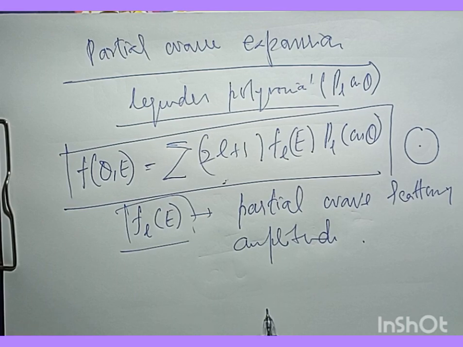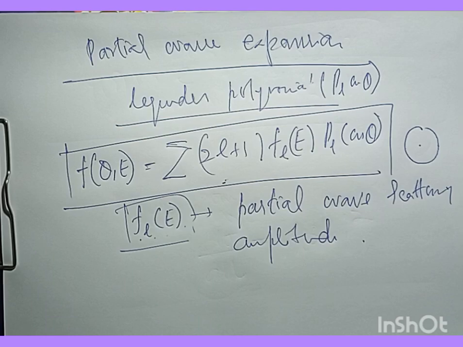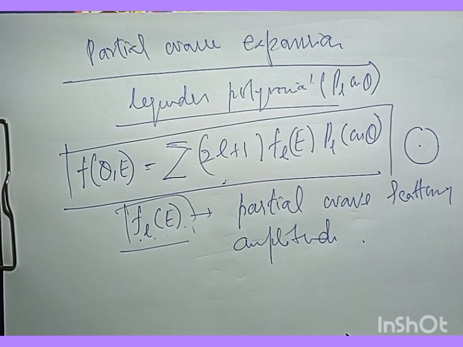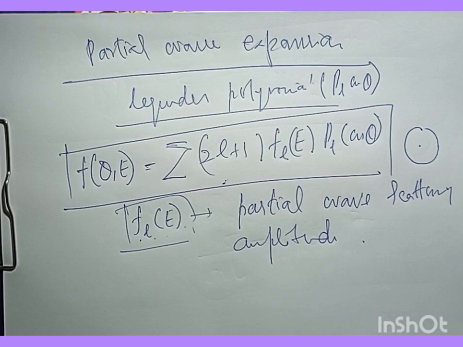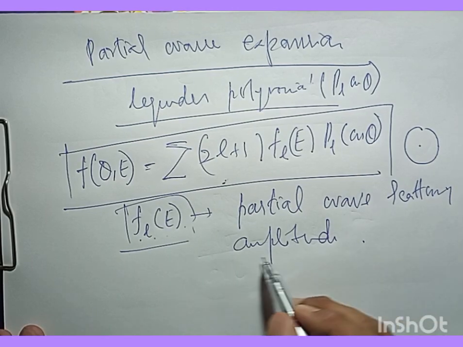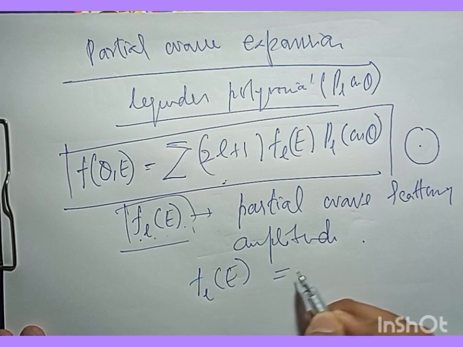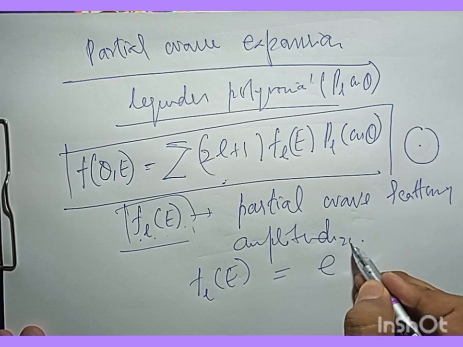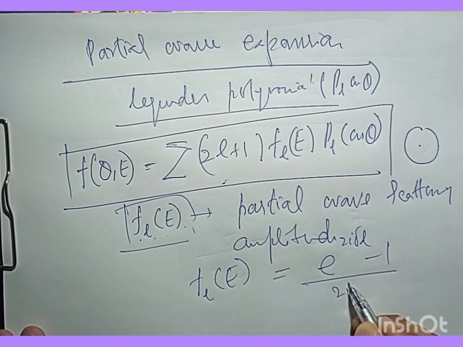And the partial wave amplitude, this f_L(E), is related to the phase shifts, because there is a shift in the phase: your incoming particle is a wave, it's interacting with the potential, and there is an equal probability of having phase shift. And this partial wave scattering amplitude f_L(E) is equal to (e to the power of 2i delta_L minus 1) by 2ik.